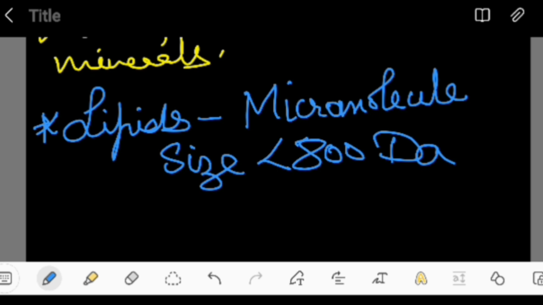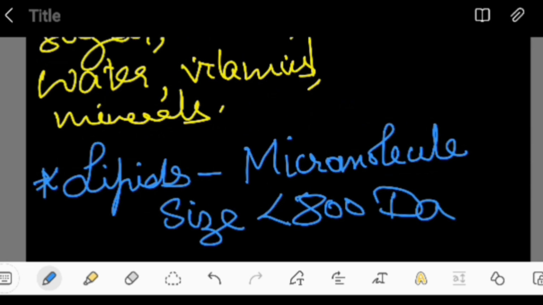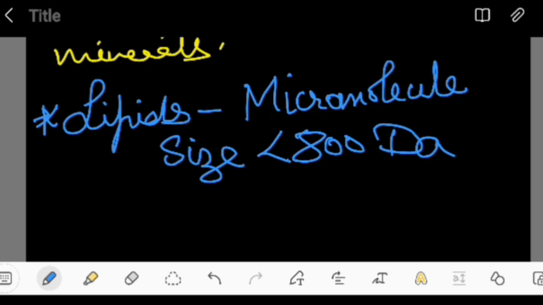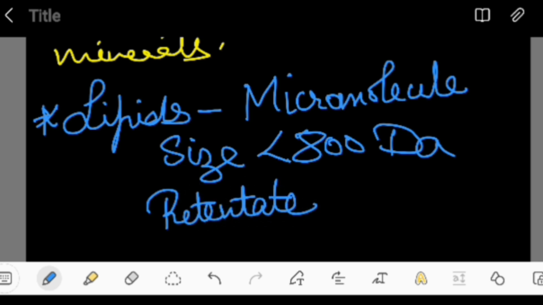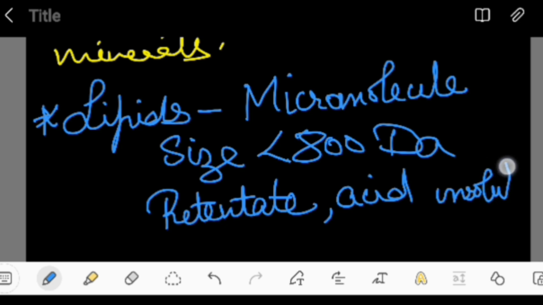But what is the exception here? Lipids are just like amino acids or vitamins. It is a micromolecule. Its size is less than 800 dalton. What is the difference? Even though it is a micromolecule, it is present as retentate. That is, it is acid insoluble.